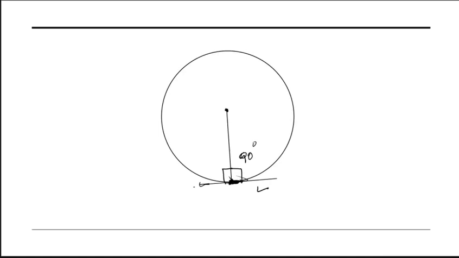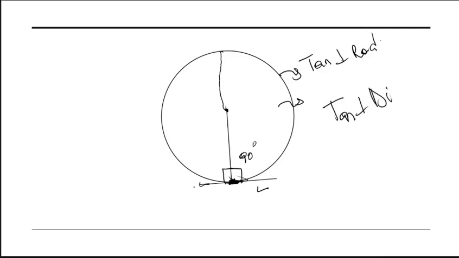Now, ladies and gentlemen, what's interesting about this theorem is that you can also have a diameter in contact with the tangent at this point. Then your reasoning will not be tan perpendicular radius, but tan perpendicular diameter.